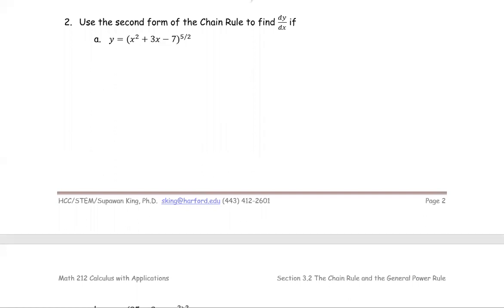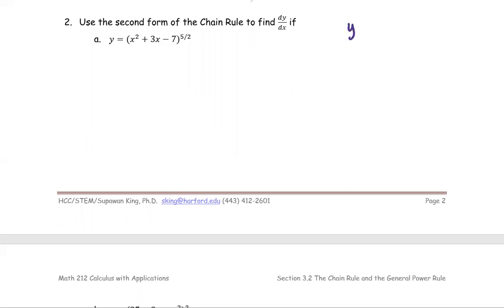In this example, we're going to find the derivative of y with respect to x. The problem said to use the second form of the chain rule. Basically, you are asked to use the general power rule.